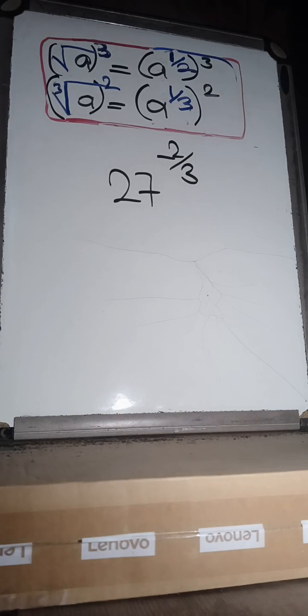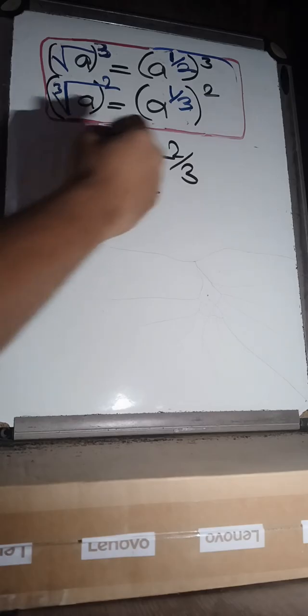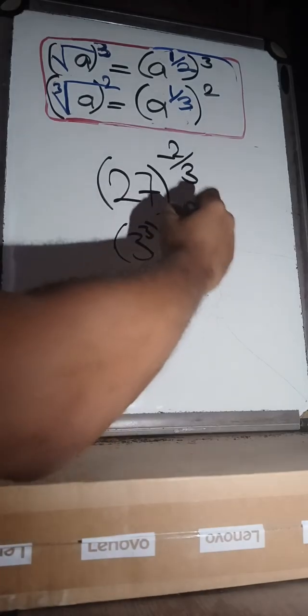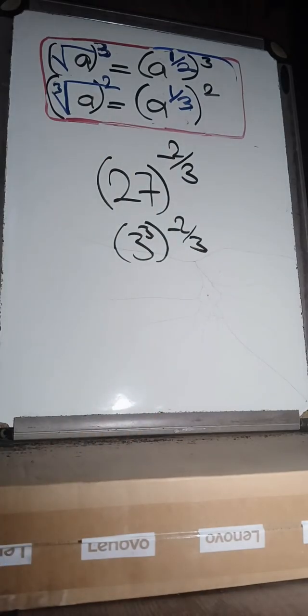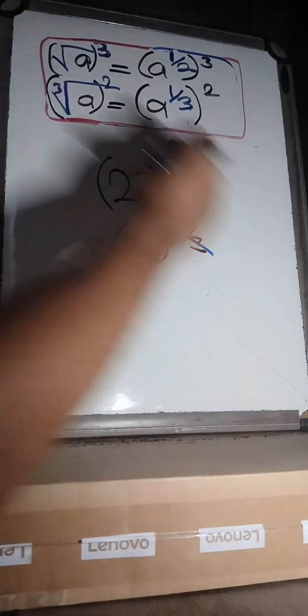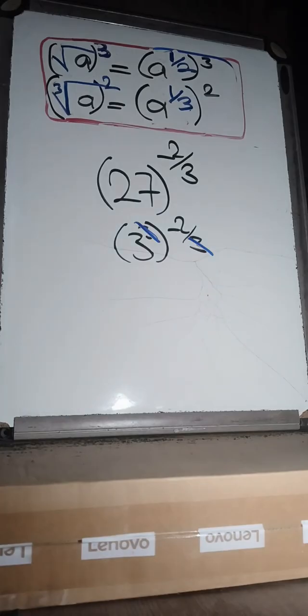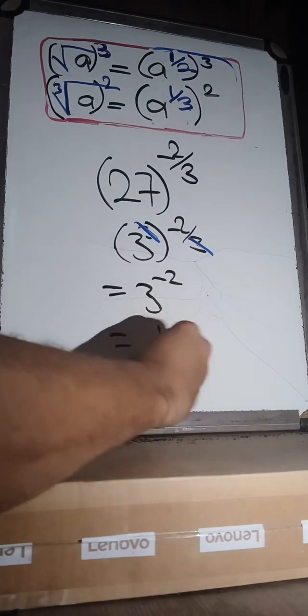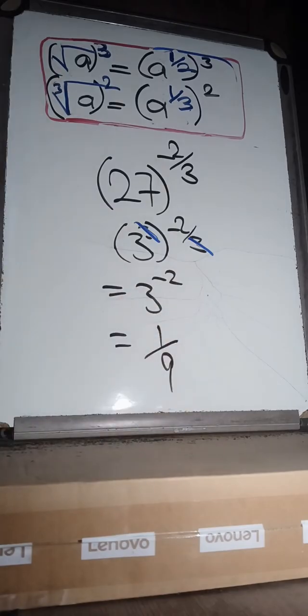I mean, it worked itself out, really. Because what do you always do? Same thing. 3 to the 3. So now you have 3 raised to the minus 2, which is what? 1 over 9, or 1 over 3 to the 2. Yeah, it's done.